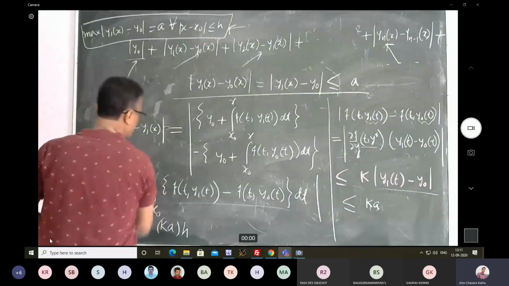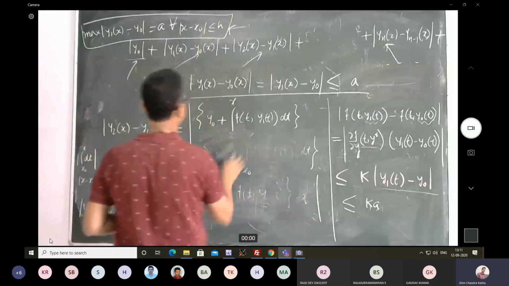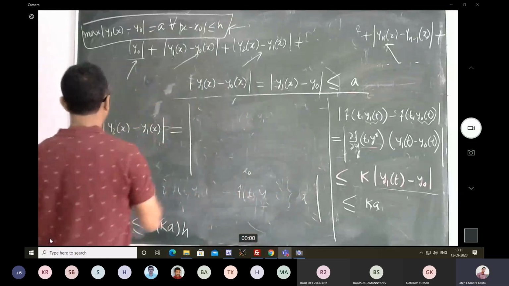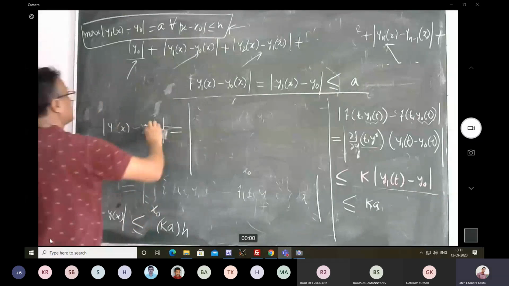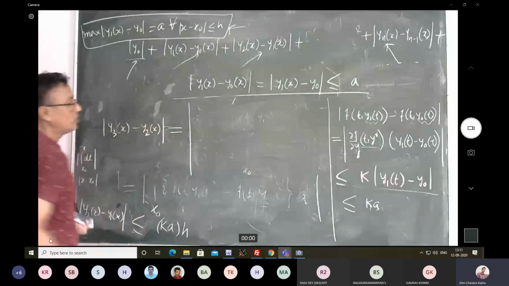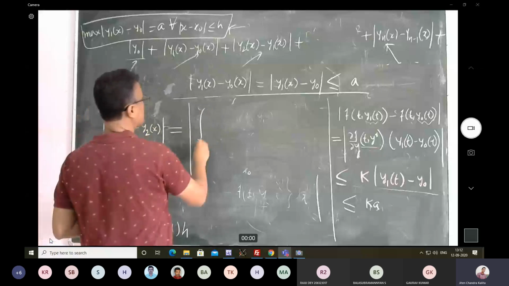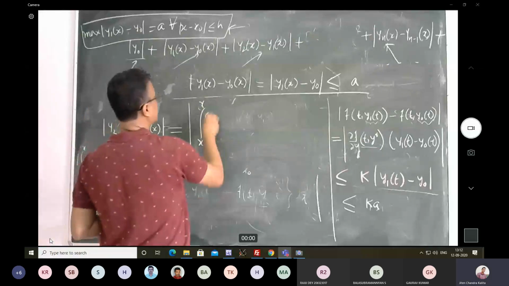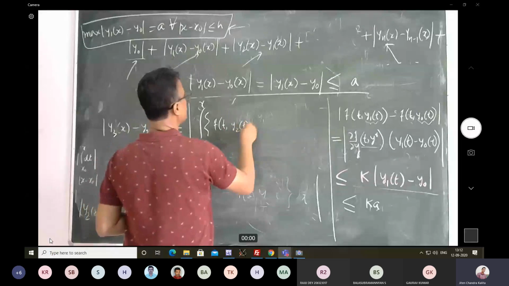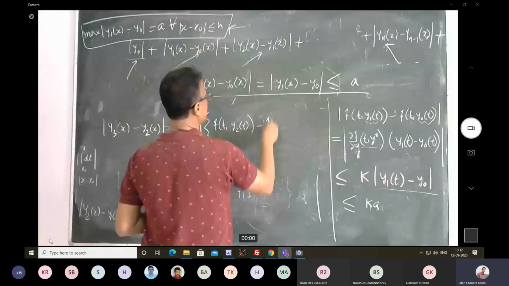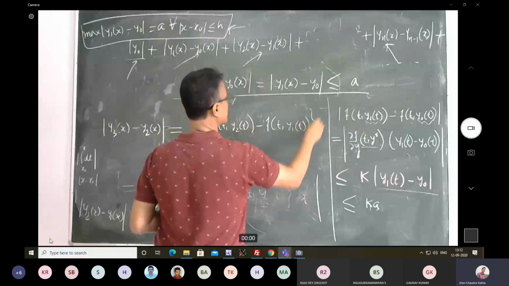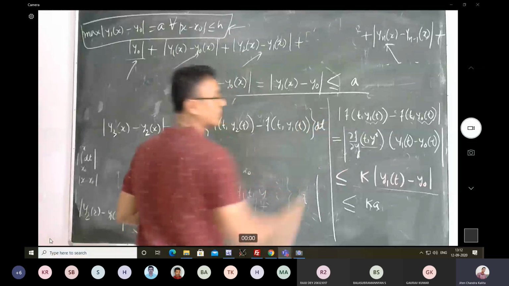So again, what is going to happen? Now, if I do y3 minus y2, so this is going to give me the integral from x naught to x of f(t, y2(t)) minus f(t, y1(t)), isn't it? Fine.